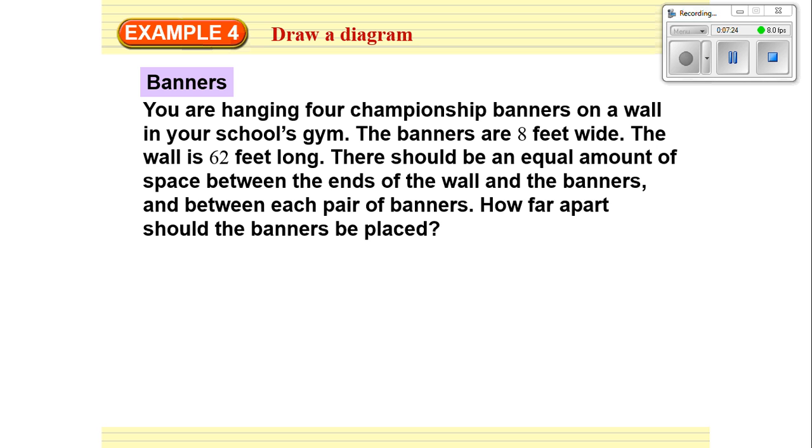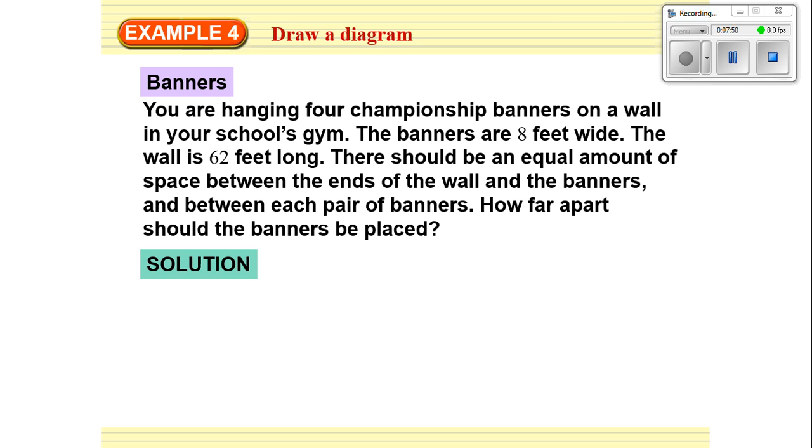Okay, here's example number 4 where we are going to draw a diagram. You are hanging 4 championship banners on a wall in your school's gym. The banners are 8 feet wide and the wall is 62 feet long. There should be an equal amount of space between the ends of the wall and the banners and between each banner. How far apart should the banners be placed?